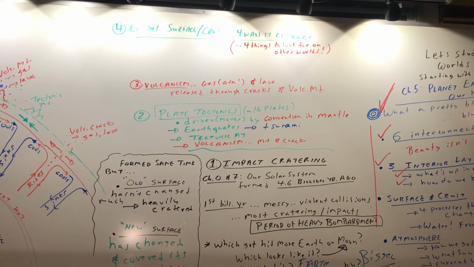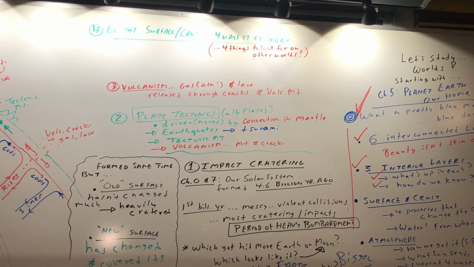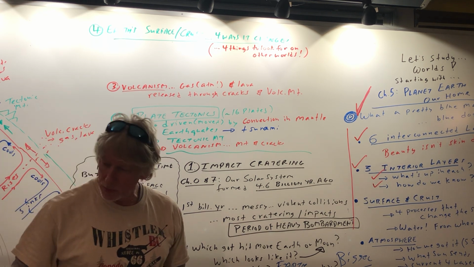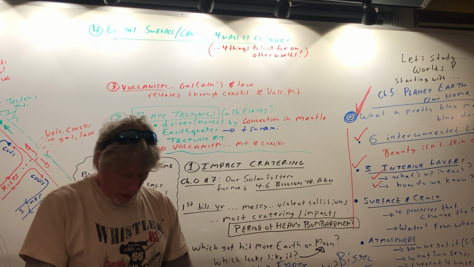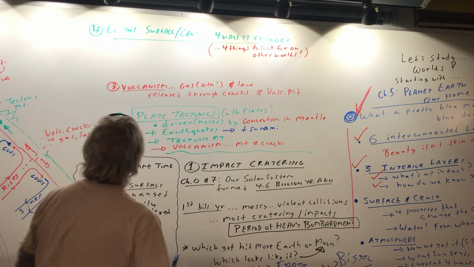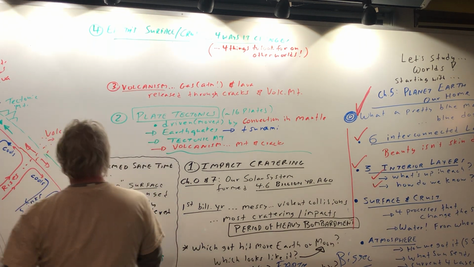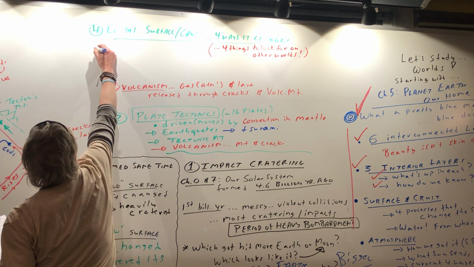Let's make it 4. What is the fourth way for Earth's surface to change? So it's not too bad. Review. You get familiar with it, you got it. Okay. How did that place change? We'll talk about it. Number 4.